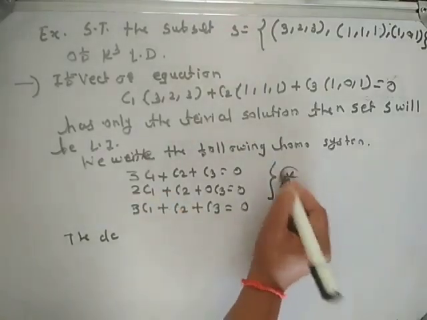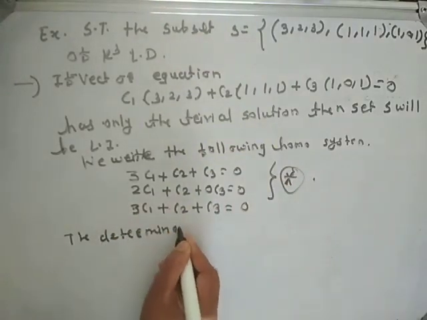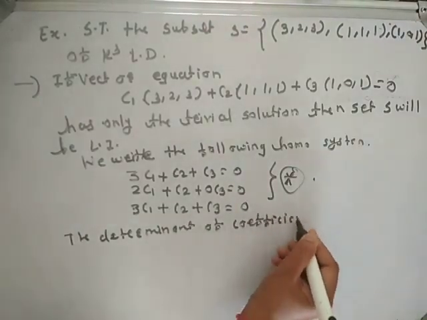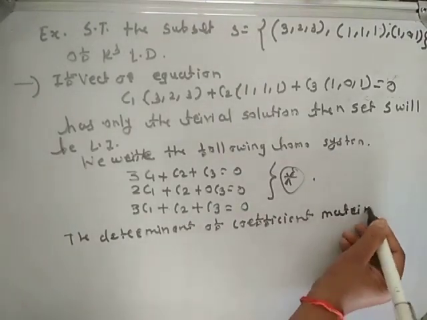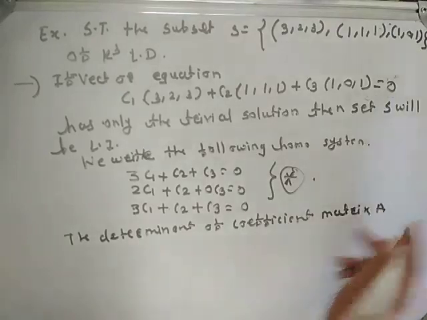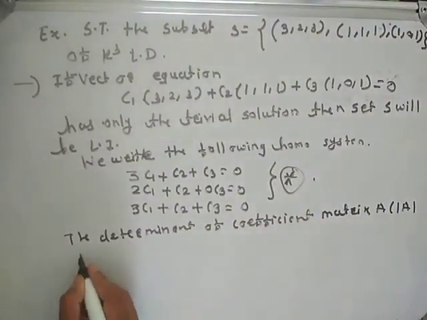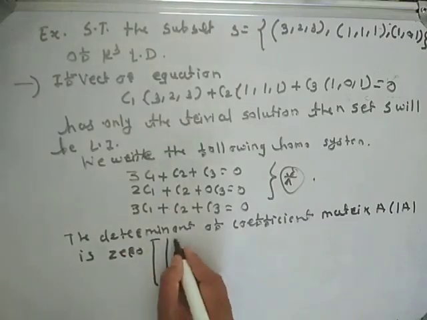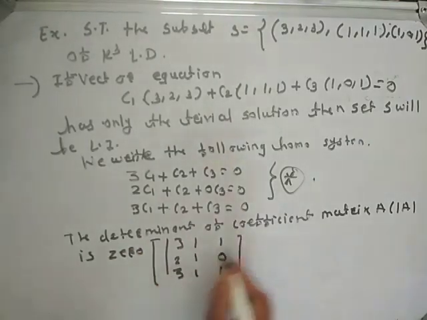Call this equation star. If you take the coefficient matrix A of this system, we will calculate the determinant of A, the matrix with rows (3, 1, 1), (2, 1, 0), (3, 1, 1).